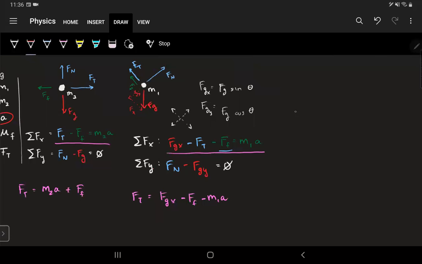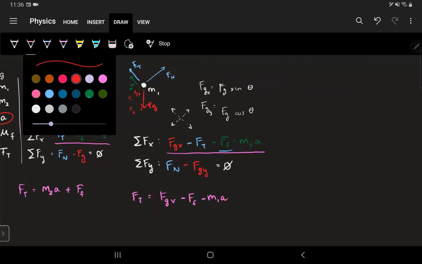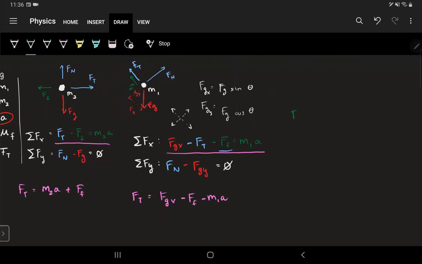So this f of f, this green f of f here, is equal to f of n times mu k, right? And we know that f of n is equal to, here it's equal to fgy, which fgy is also equal to fg cosine theta.